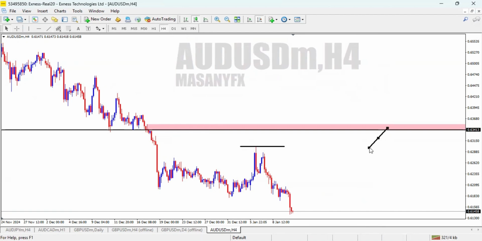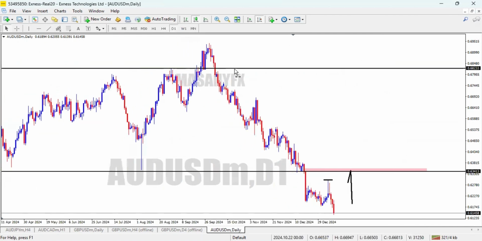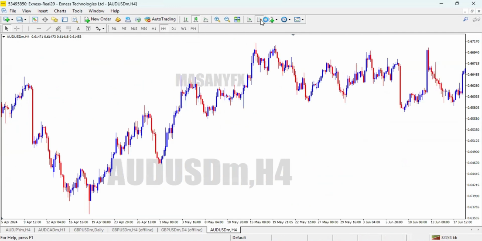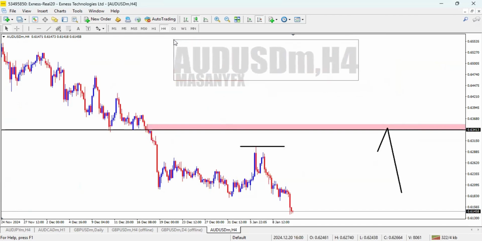So I'm expecting the price to come back here to this zone and sell. This is a daily supply, but we are using H4 to refine our entry.